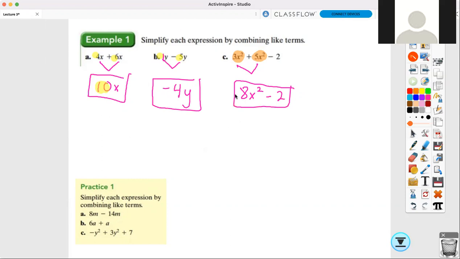All right. On A, Jennifer put -6m, and Vicky and Ariel agreed with her. Does anyone agree or disagree with -6m? Agree. Good. Now for B, she got 7a. Does anyone agree or disagree? Agree. Excellent.